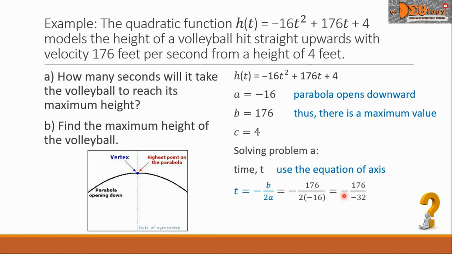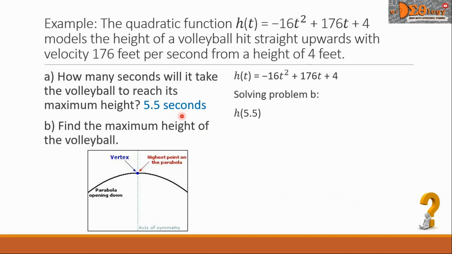This negative sign here and the negative of 32 will give positive, and the quotient 176 over 32 will give 5.5, and this is the time in seconds. Let us copy this value opposite problem A. So this is the answer for the problem A.